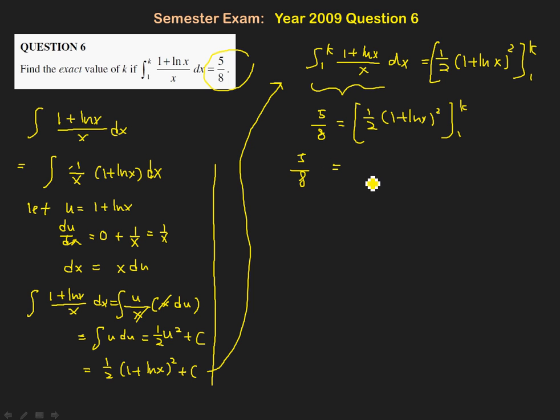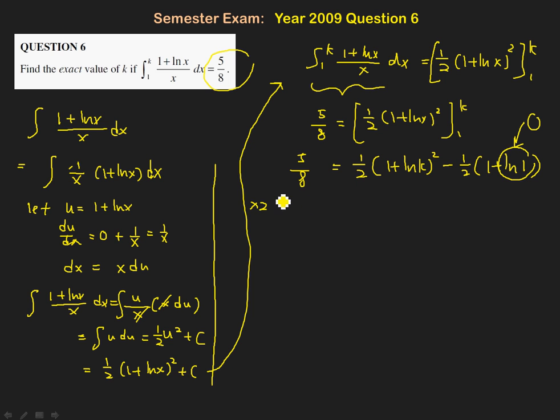Now if you do that, you'll find that you end up with (1 plus ln k) squared minus (1 plus ln 1). But what is 1 plus ln 1? Yes, this is 1. And now I'm going to multiply by 2 across the whole equation with the aim of cancelling the 2.